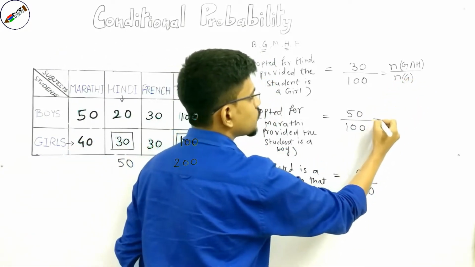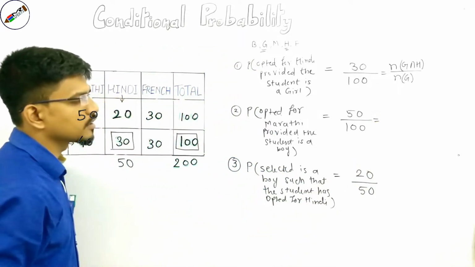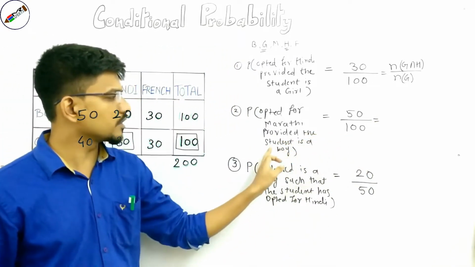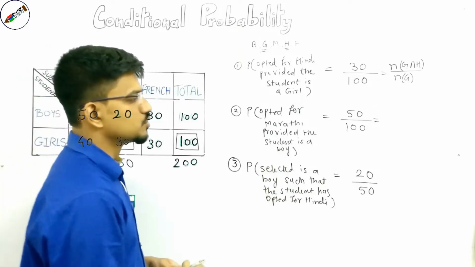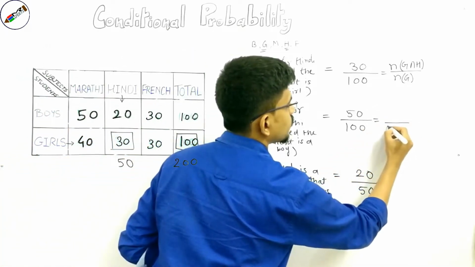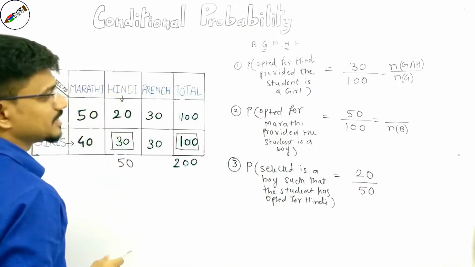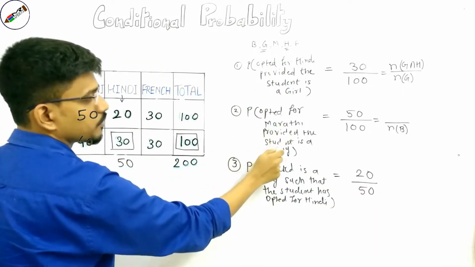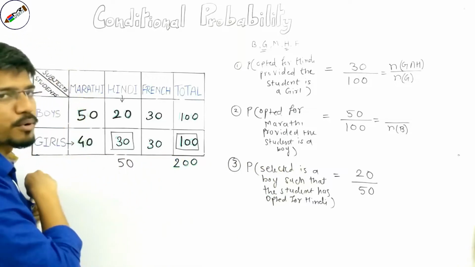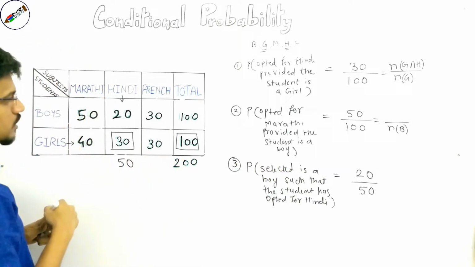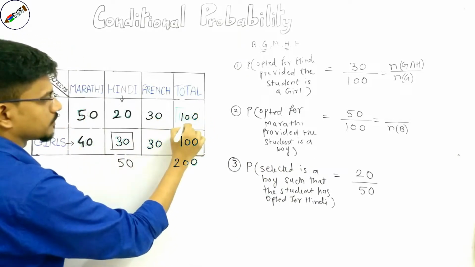Right? Let us check the same thing for the second example. What is this 100? That the student is a boy. So in the denominator, it will be number of boys. But what is the numerator? Let us see. Opted for Marathi provided that the student is a boy. So student is a boy, that means this particular event.